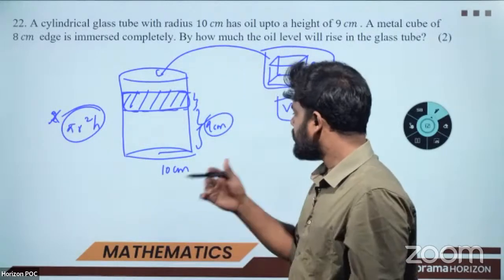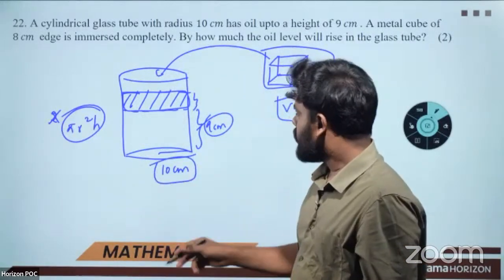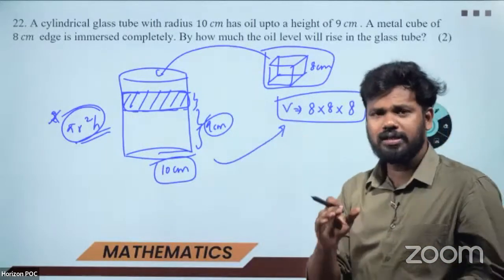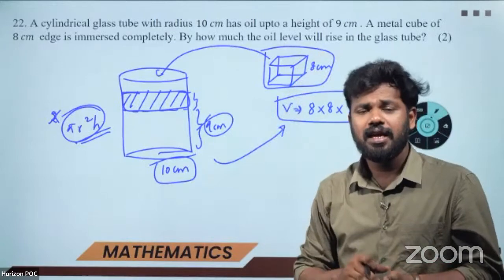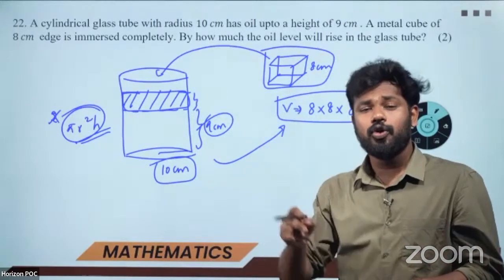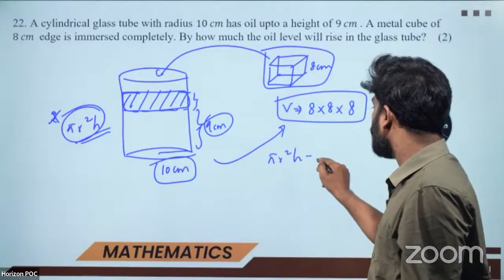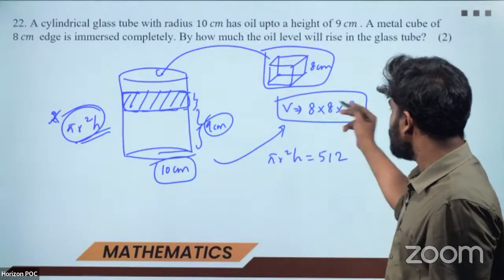So what is the radius there? It is 10 centimeter. So pi r square h is equal to this one, because that much volume has increased, which is numerically equal to the volume of the cube. So pi r square h will be equal to 512, that is 8 into 8 into 8.